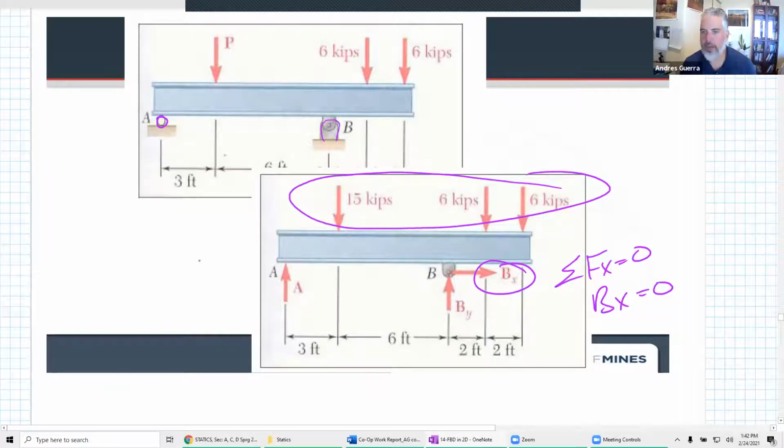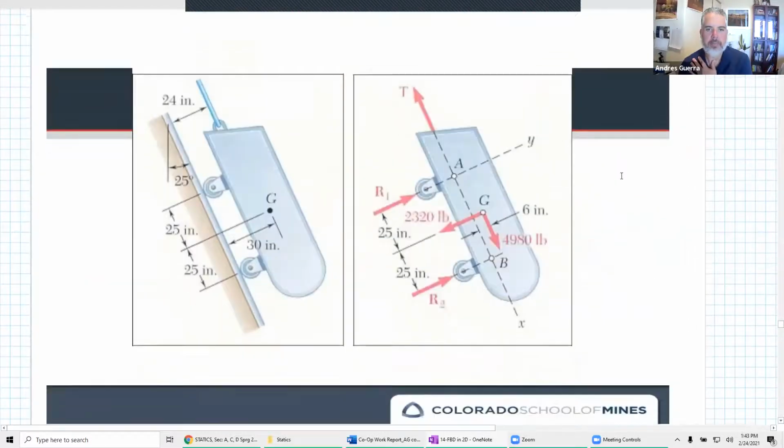So put it on there regardless of what the loads are. Because what if I change the loads and said, oh, well, now I'm going to 15 kips at an angle. Well, now that BX is there. So draw all the possible forces you could have at that support before you start solving them. Don't leave BX off. Put the BX on there.